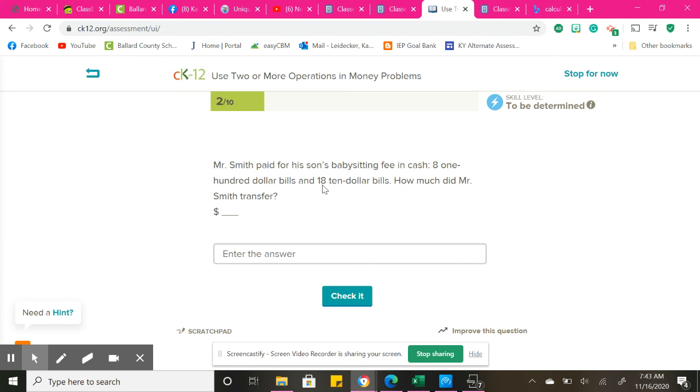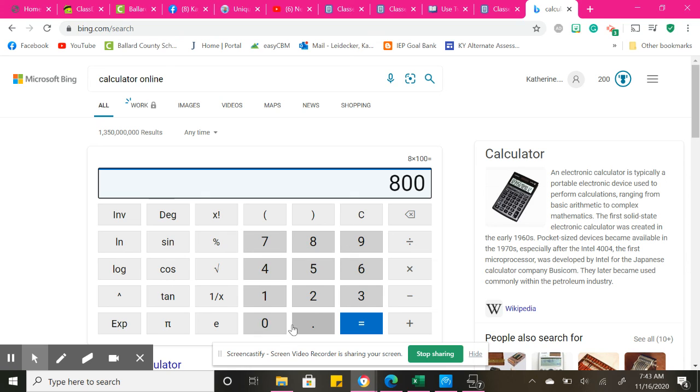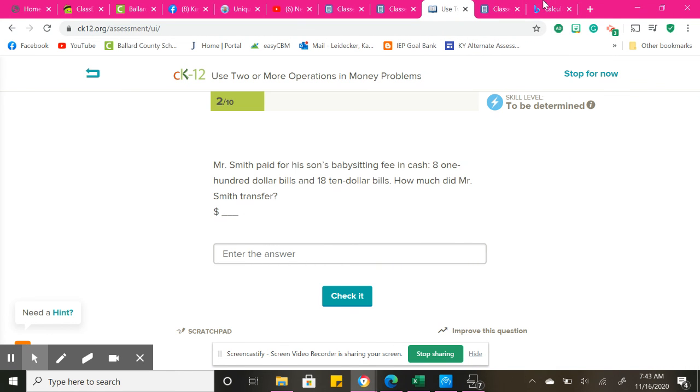And then we have 18 $10 bills. So remember 800, and I'm going to do 18 $10 bills, so that equals 180, but I need to add that 800 to that. So my answer is $980 that he transfers. 980.